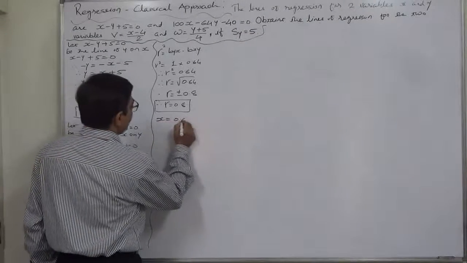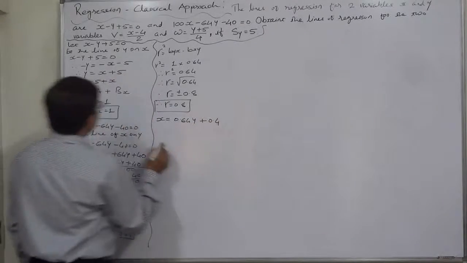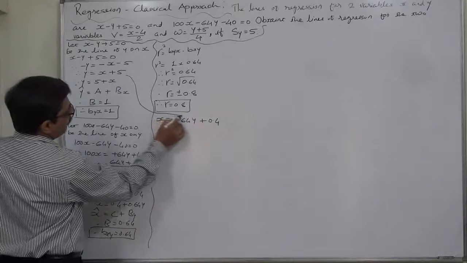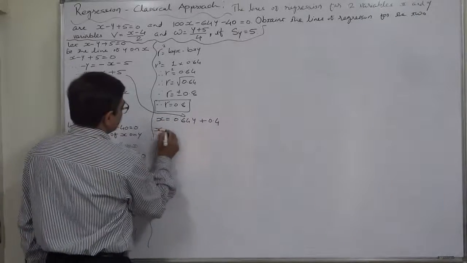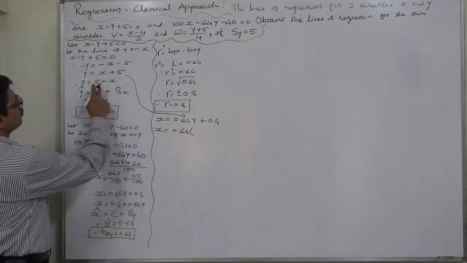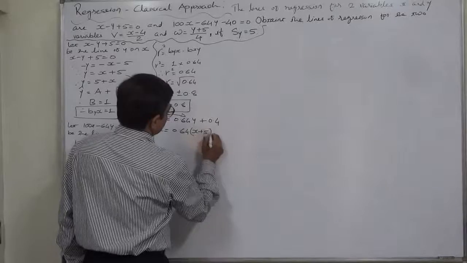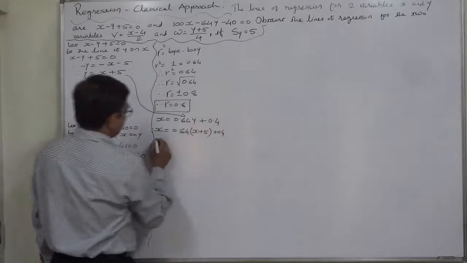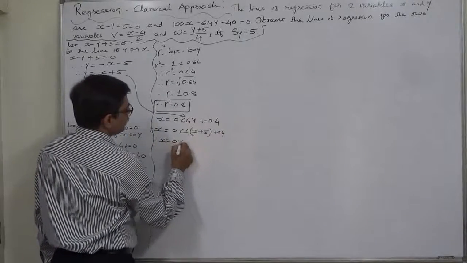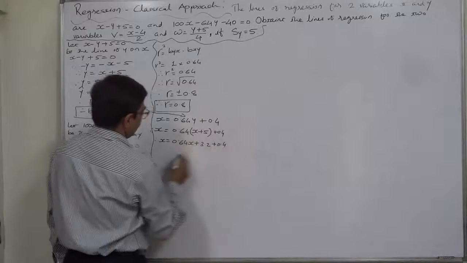x equals 0.64y plus 0.4, and now we know the value of y. Therefore x equals 0.64 into (x plus 5) plus 0.4. Therefore x equals 0.64x plus 3.2 plus 0.4.